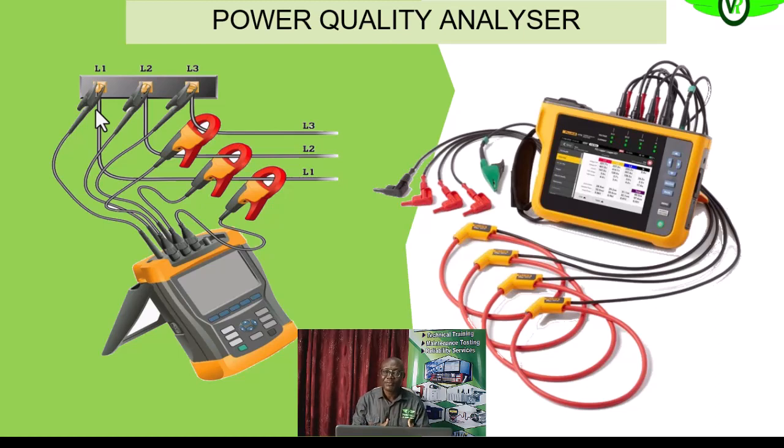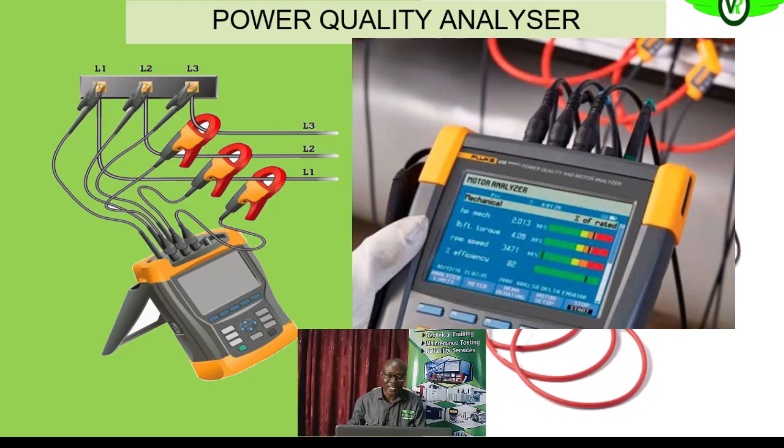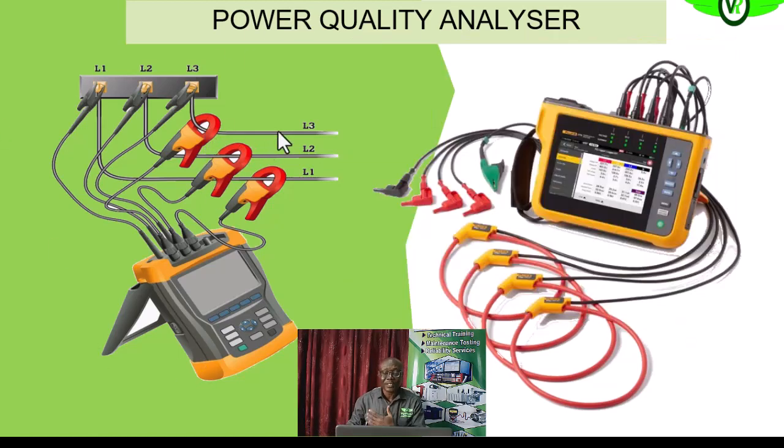Then we can also have it connected to our load, that is the electric motor load on the feeder line. What this means is that we can place it upstream of our circuit breaker. When we place it upstream of our circuit breaker, of course, we'll see everything that is happening within that feeder line on the system.